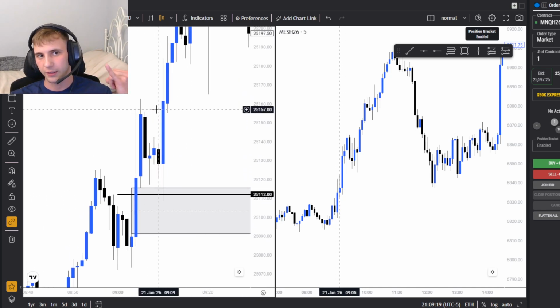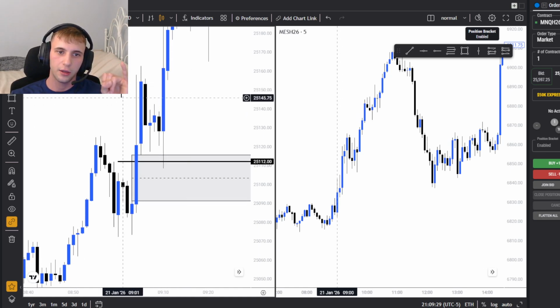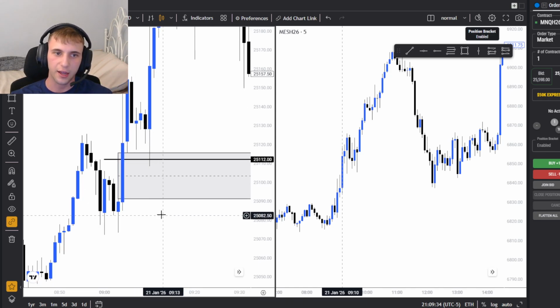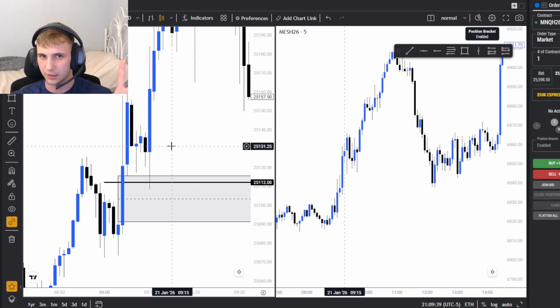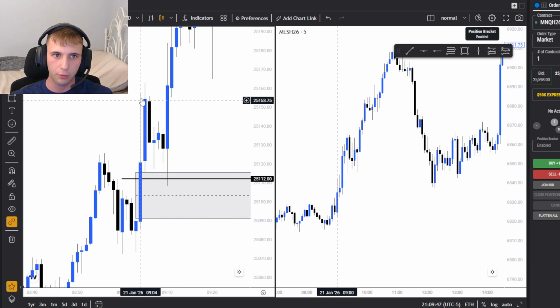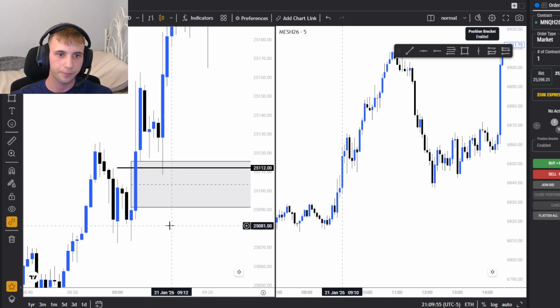Either they don't like the price they're getting filled at, or they're afraid that price will come back and retrace into this area, and they cannot afford that, if that makes sense, right? So if you have a feeling that price is going to come back into this area, why would you enter right here when you could just wait a little bit more time and get a better fill right here? Okay.